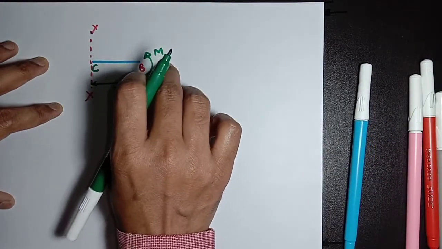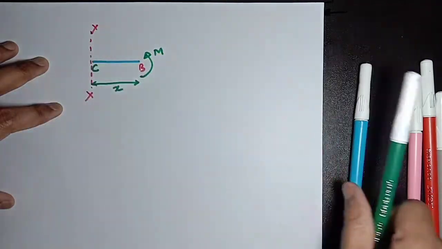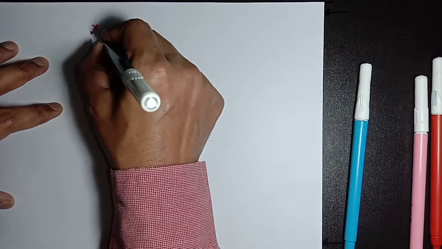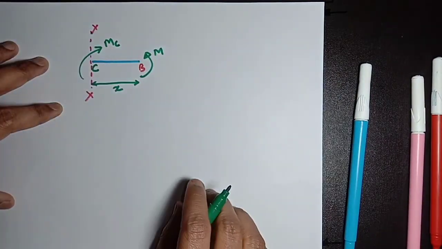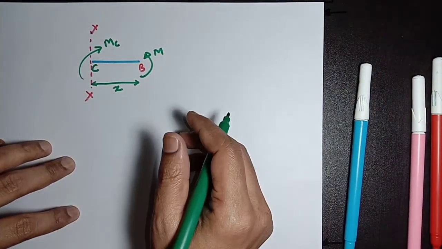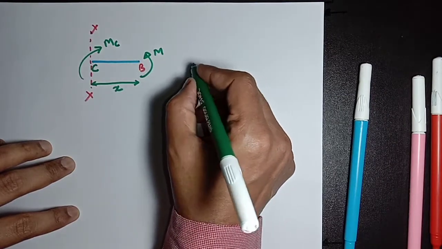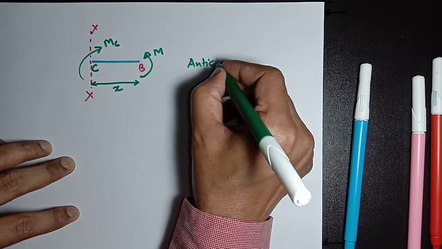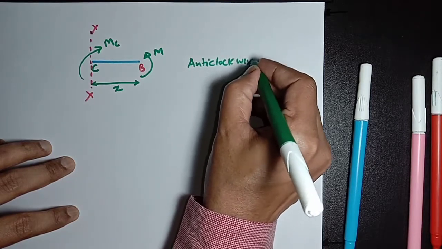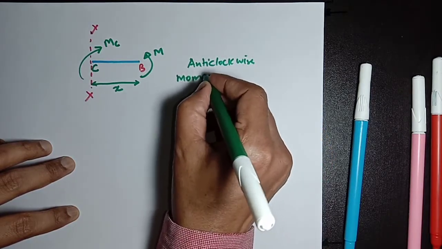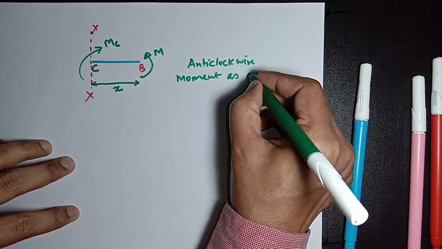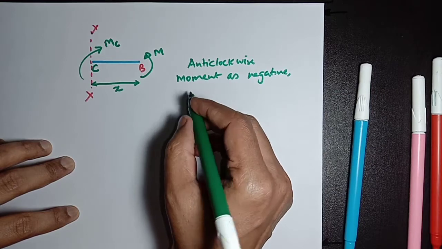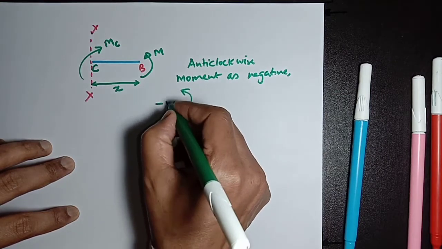This is the concentrated moment and we want to find the moment here at C, MC. As per our assumptions, we are taking an anticlockwise moment as negative. So this is the anticlockwise moment, it will be negative.